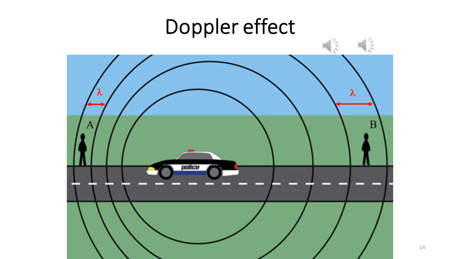If the object is going away from us, we hear the sound with low frequency and high amplitude. Based on this figure, you can see when the object is going toward us, we hear high frequency, and if the object is going away from us, we hear low frequency, as you can hear in the sound of the car at the beginning of this slide.